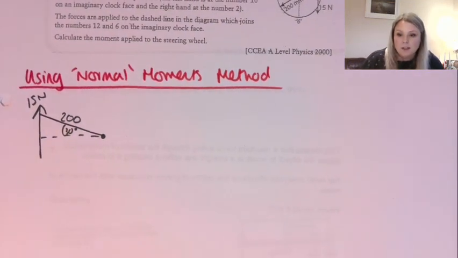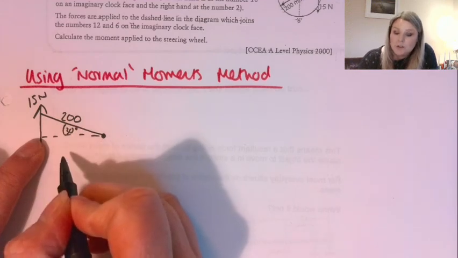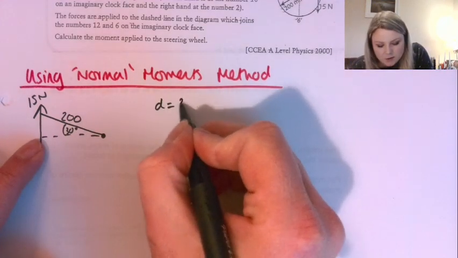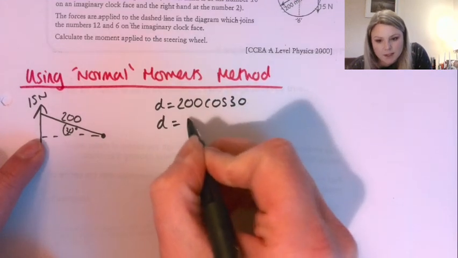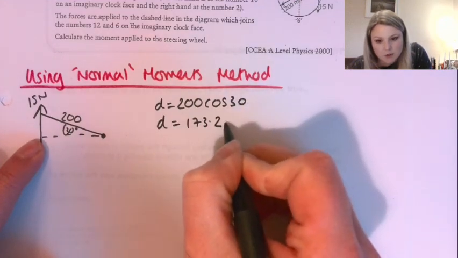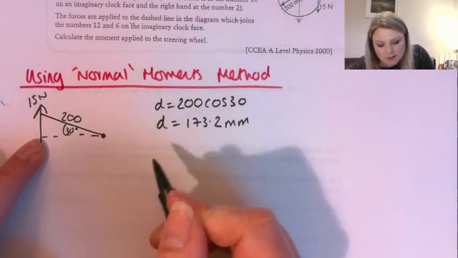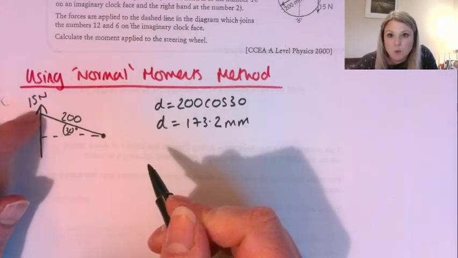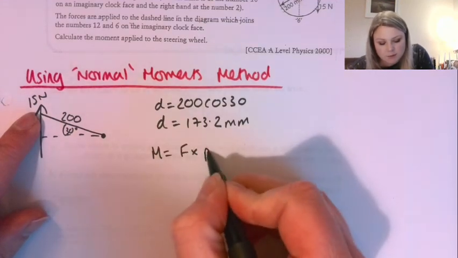So this distance is going to be 200 cos 30. So distance 200 cos 30, which gets 173.2 millimeters.